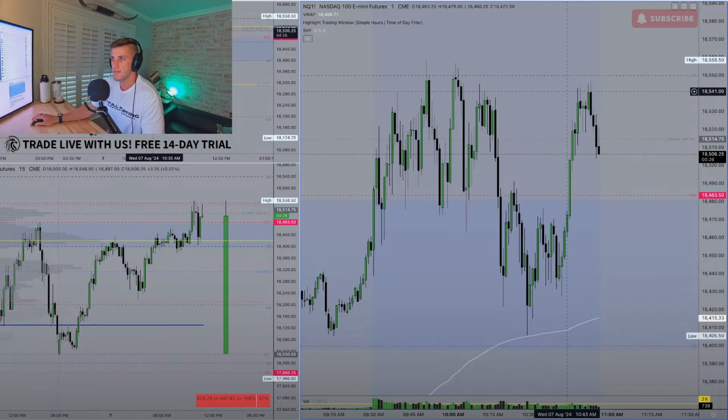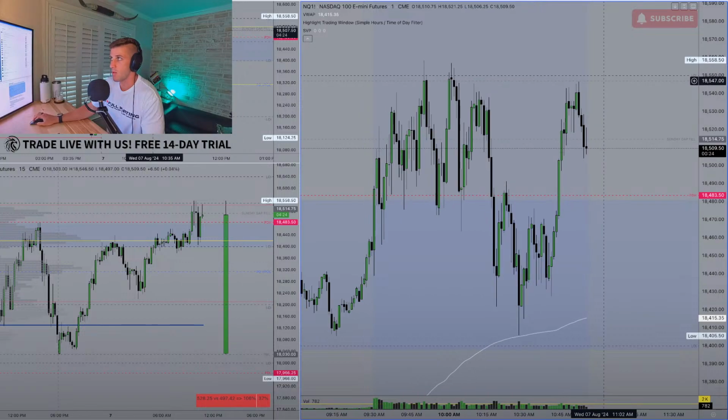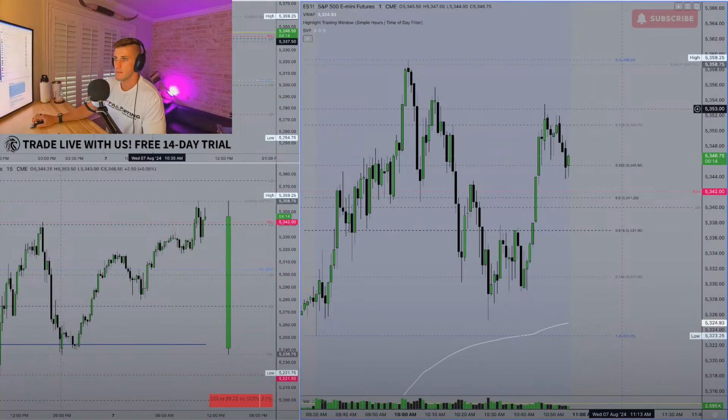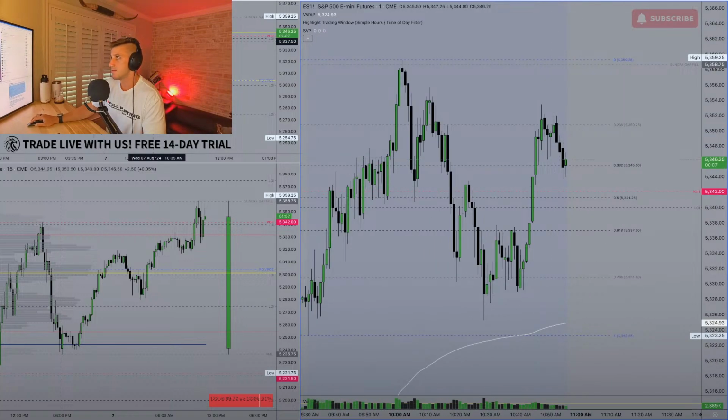So NQ 550 sellers. Yeah, it's looking more and more like that range day. ES back near prior day high. See if that prior day high holds.